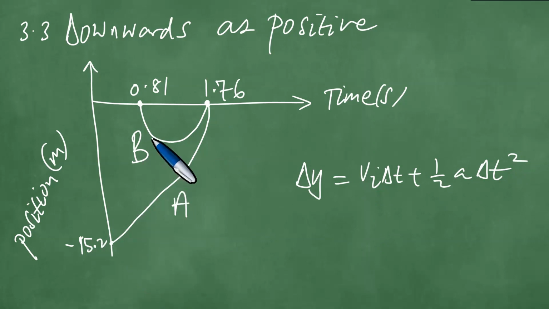And then when B was thrown up, and we're taking downwards as positive, it went up. When it went up, we're considering the position as negative. And it went up and its position was therefore negative.